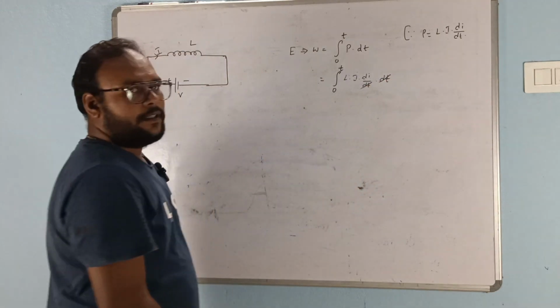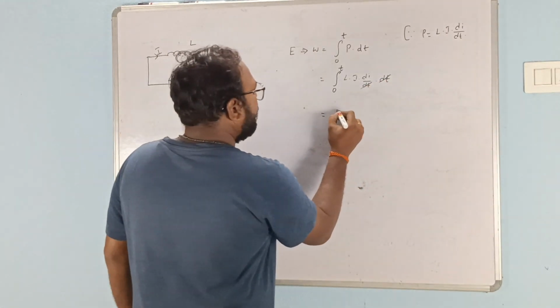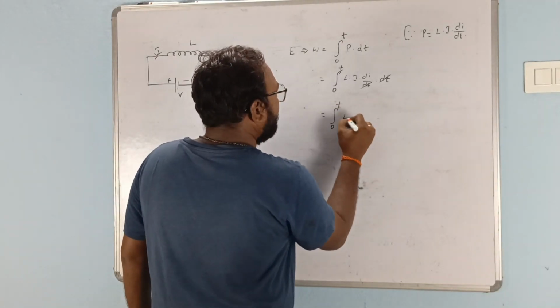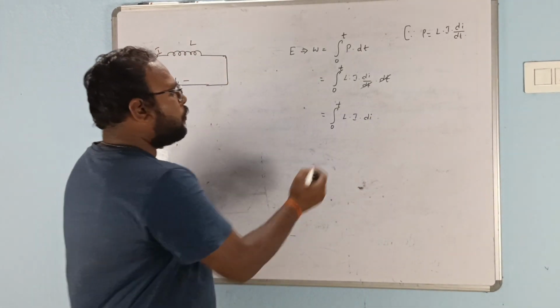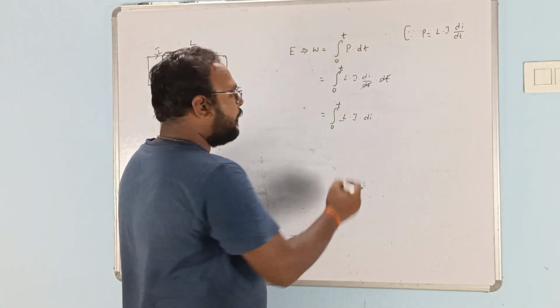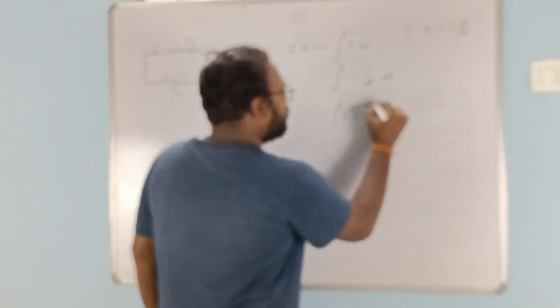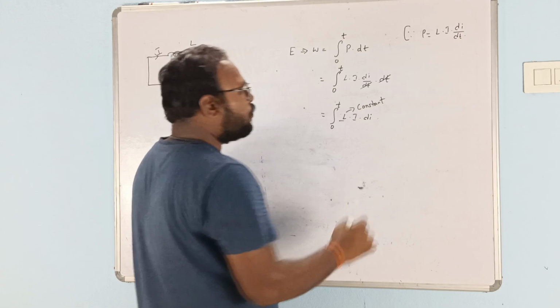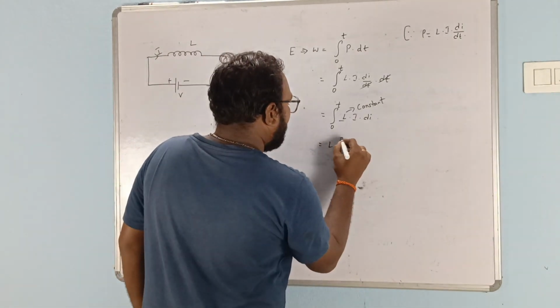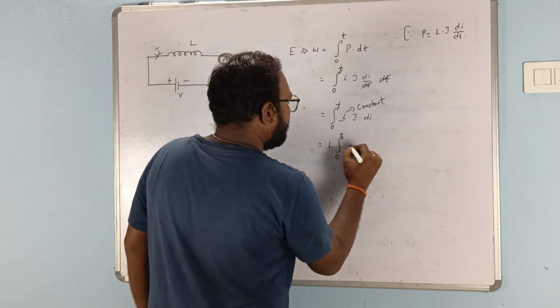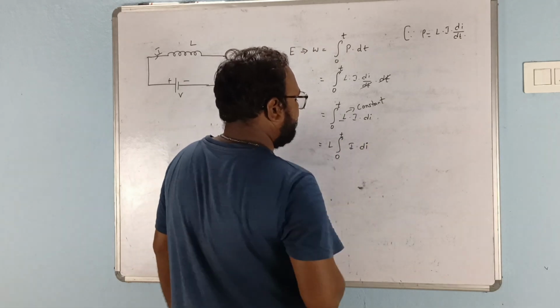The dt gets cancelled, so we get integral 0 to t of L into I into di. Here L is a constant, so we take L out of the integration: L integral 0 to t of I into di.